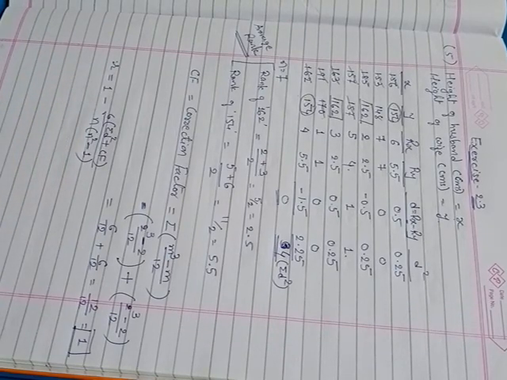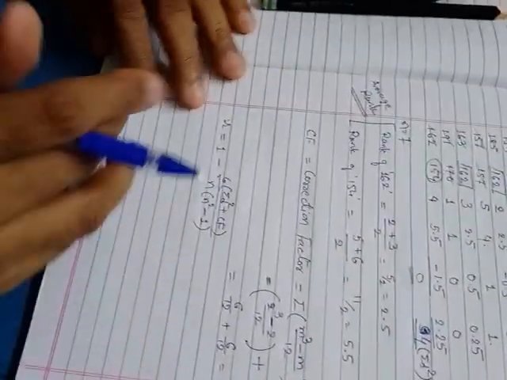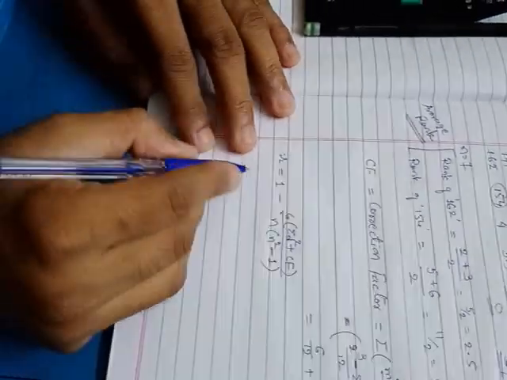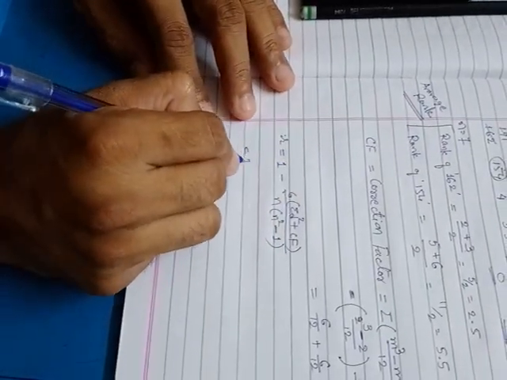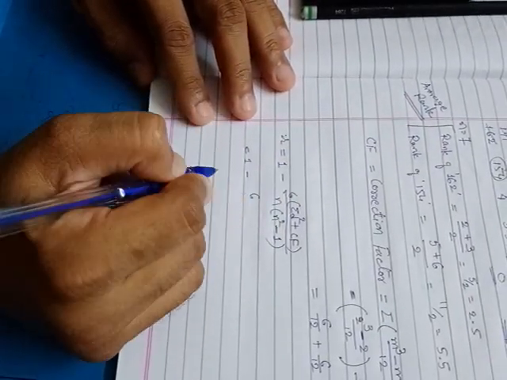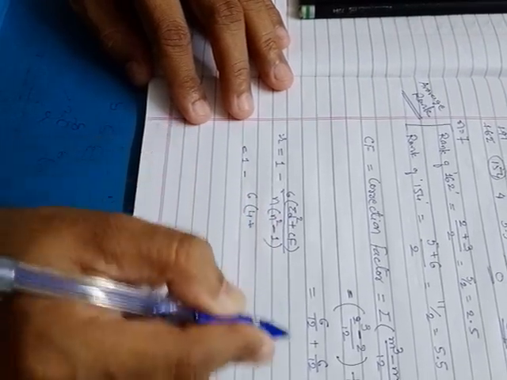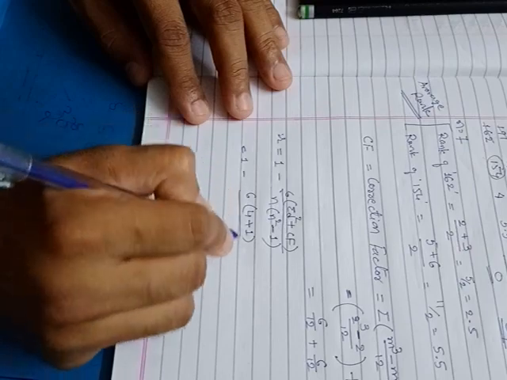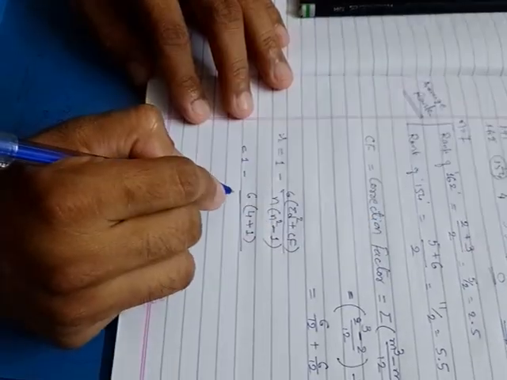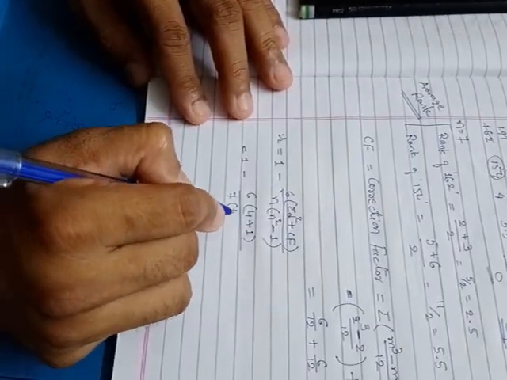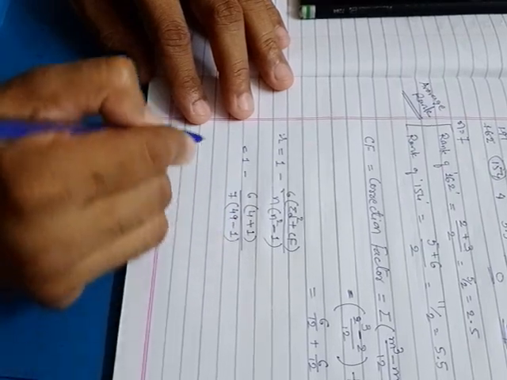Got it? Now we'll replace the values over here. So see now, it is 1 minus 6 into sum of d square we got 4 plus CF is 1, divided by n is 7 into bracket 7 square 49 minus 1.